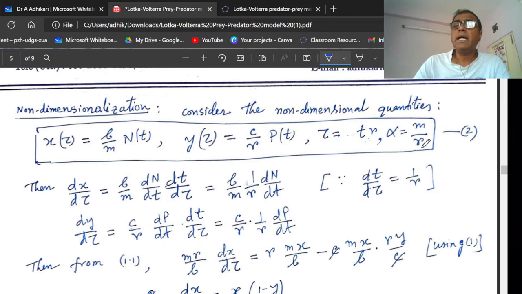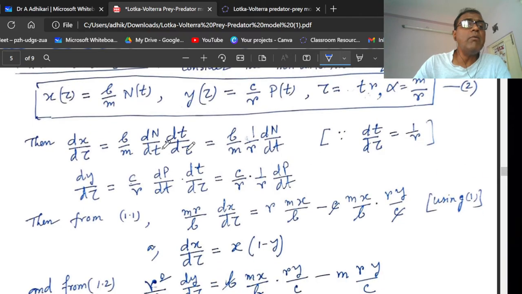M by r is actually the ratio of the death rate m and the growth rate r. Alpha is the proportion. So for dx/d tau, x is a function of tau, so it is b by m dn/dt into dt/d tau. Since tau equals t into r, dt/d tau equals 1 by r.